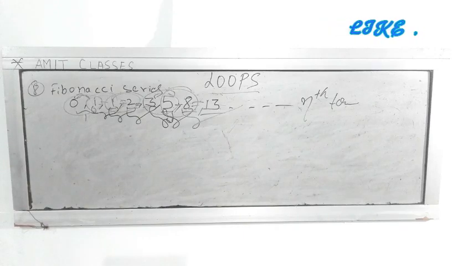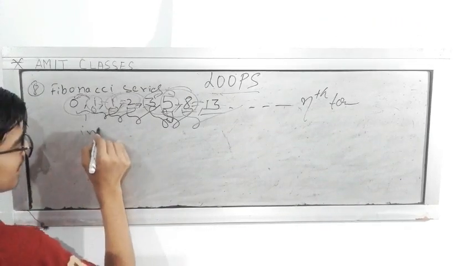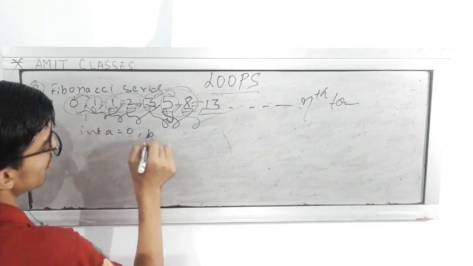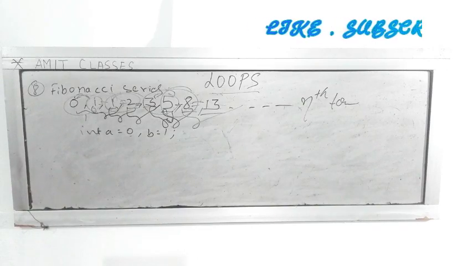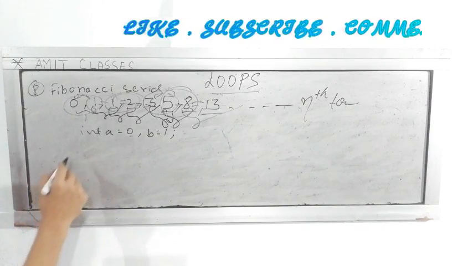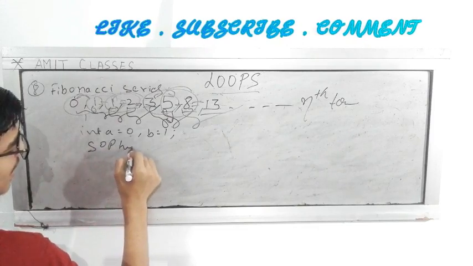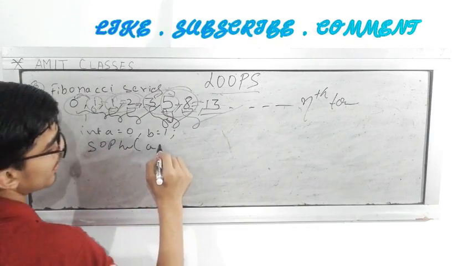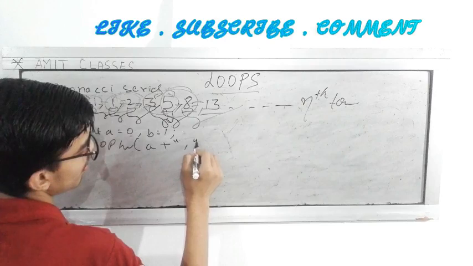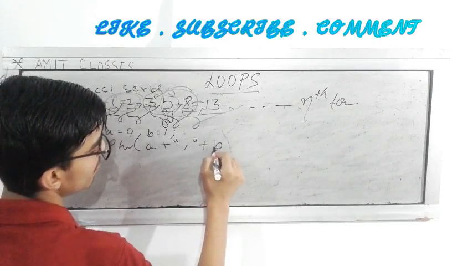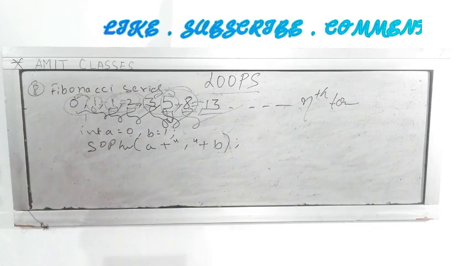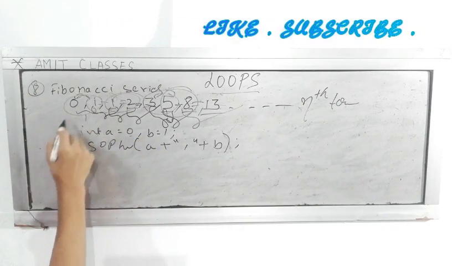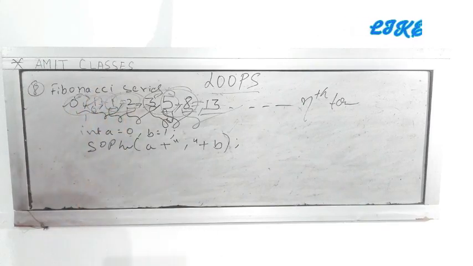Hope you understood this. So for this we have to write int a is equal to 0, b is equal to 1. A is 0 and b is 1, we have declared here, and we have to print with SOPln a, then b. 0 and 1 we have printed before only, so these two are printed.